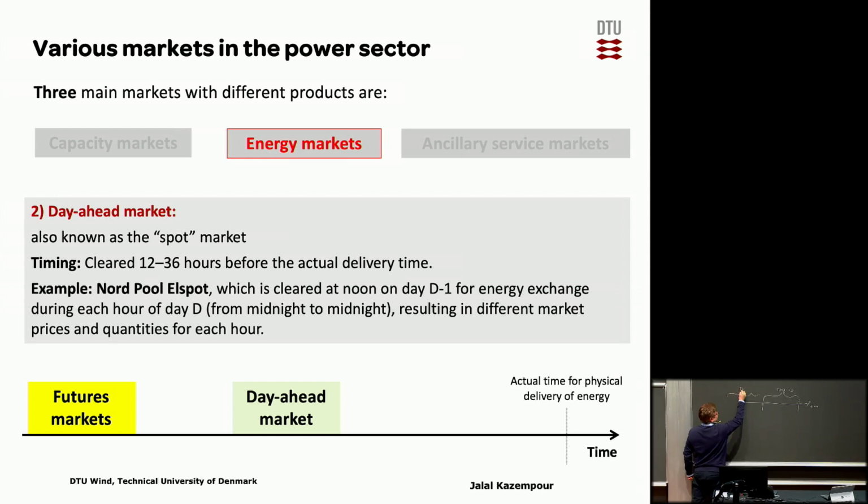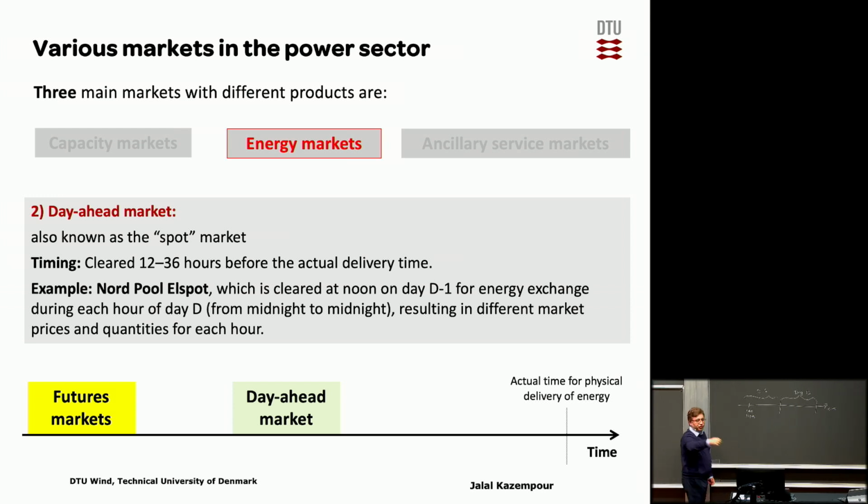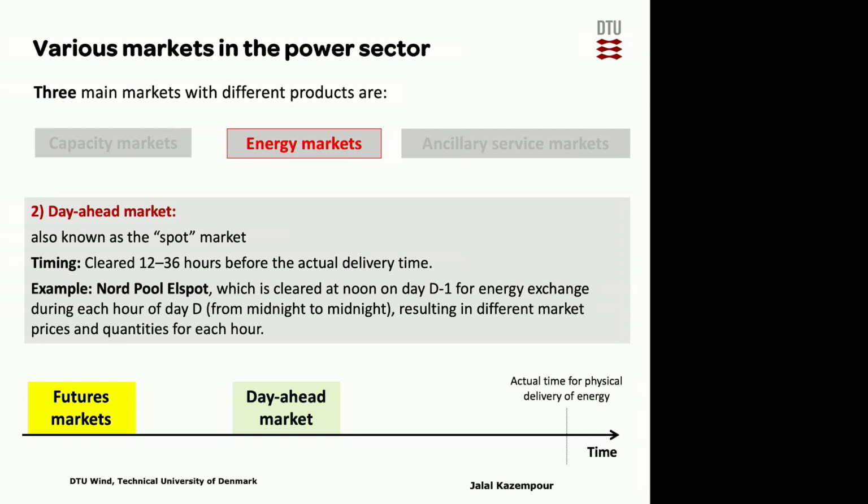This is why we call it day ahead, a day before. Until noon, 12 p.m., if you are a generator or demand or whatever, you submit your bids and offers. And then exactly sharp at noon of the day before, the market is closed.